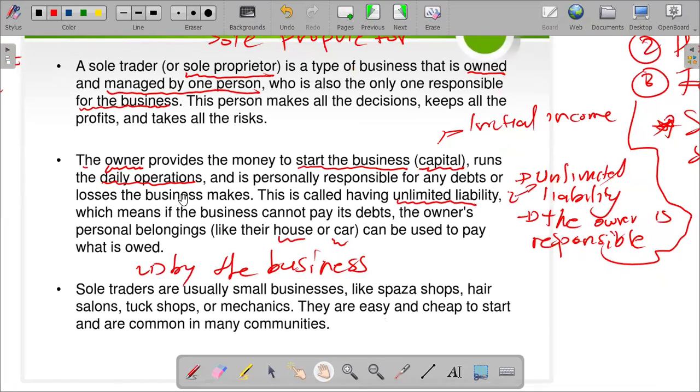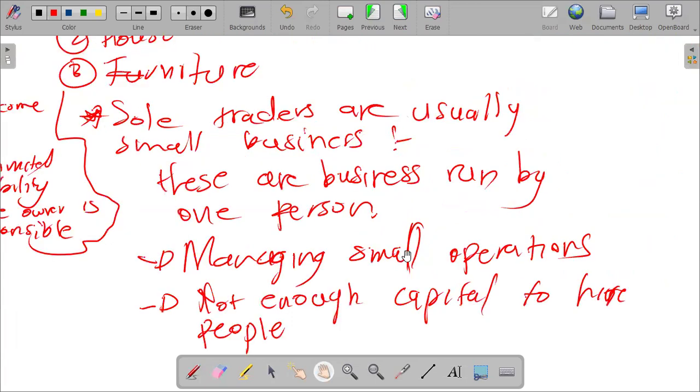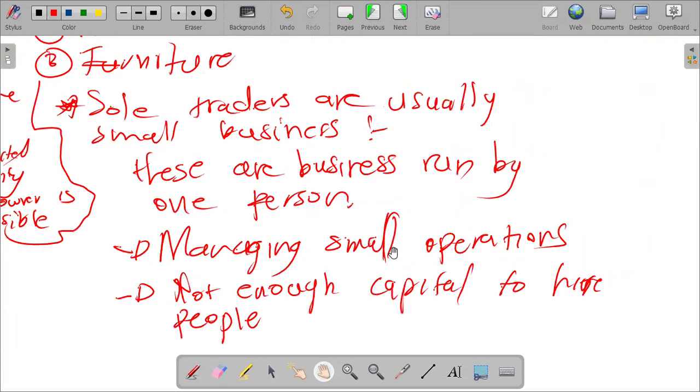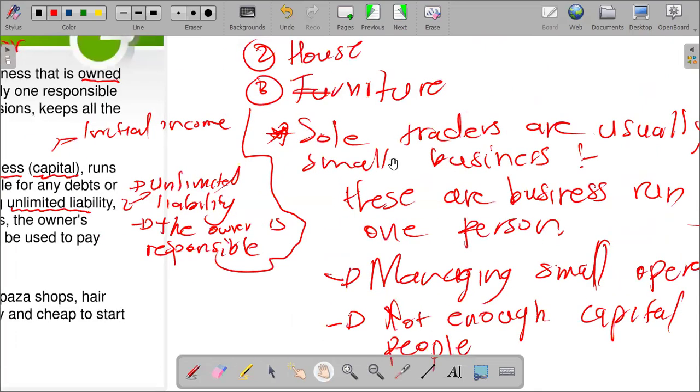So the owner provides, like if you look at here, the owner provides the money to start the business. So in most cases, they won't have much enough money to do what? To hire or ask a partner to help them in the business. So they rather do it by themselves because of sometimes the lack of capital they might be having.